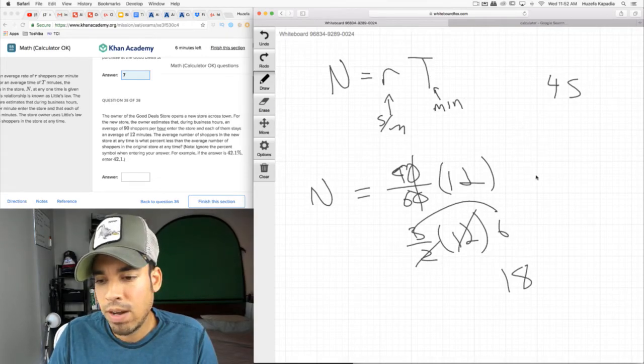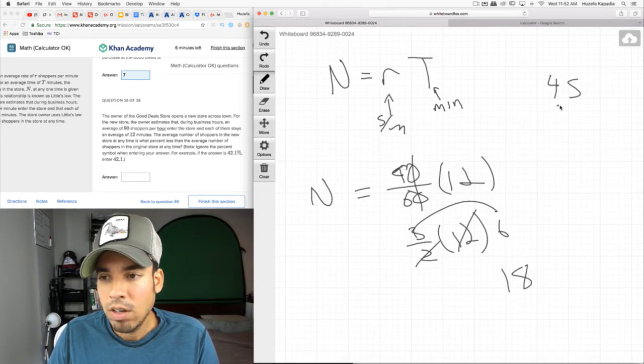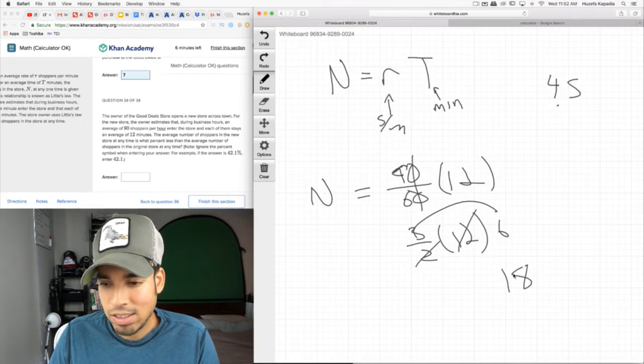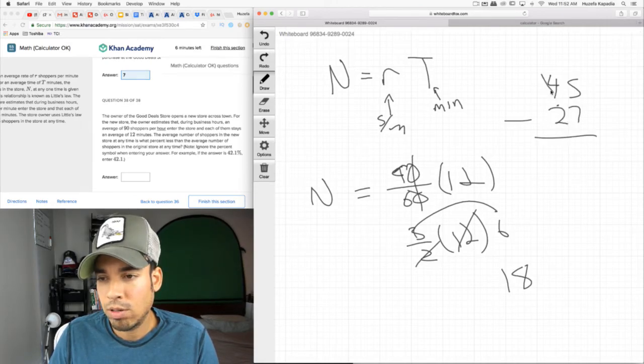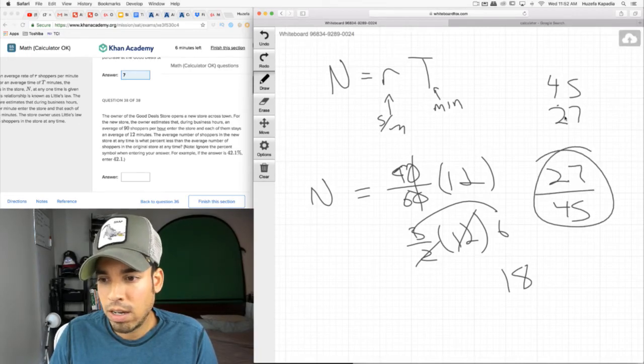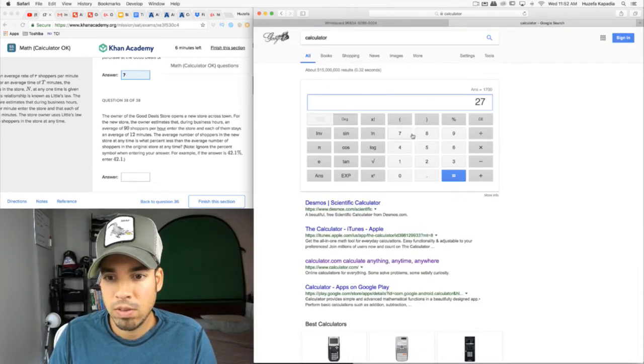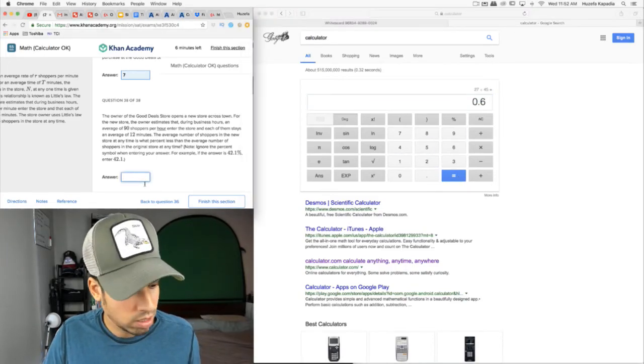Okay, so 45 down to 18, so we're subtracting, 27. Just double check, yeah. So the percentage is 27 out of 45. 27 out of 45 equals 0.6, which is 60% less.